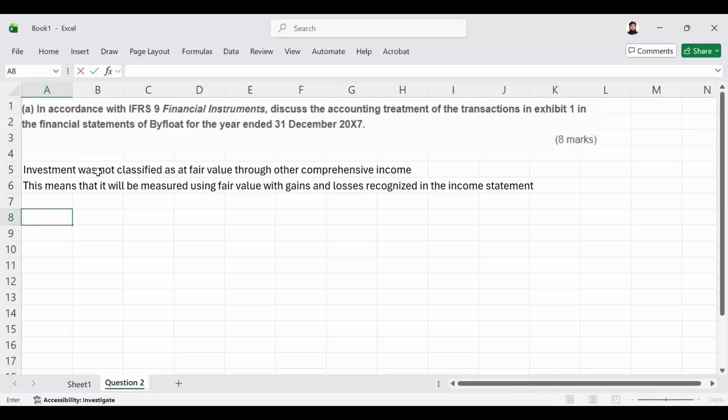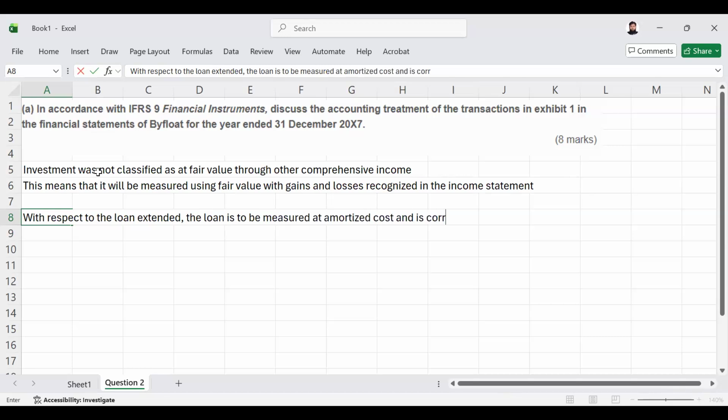With respect to the loan extended, the loan is to be measured at amortized cost and is correctly measured at amortized cost.